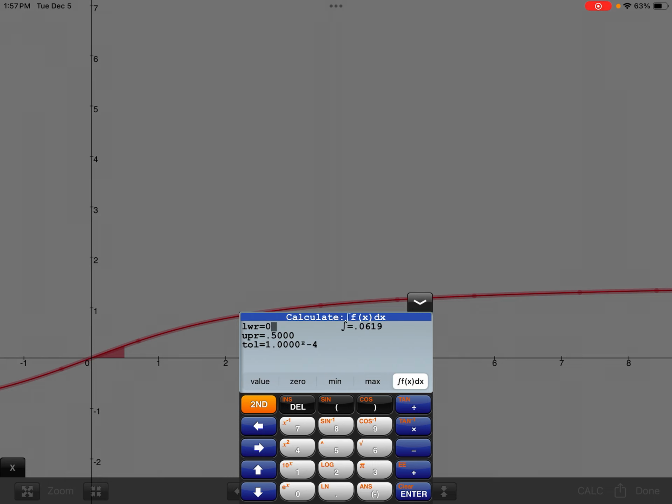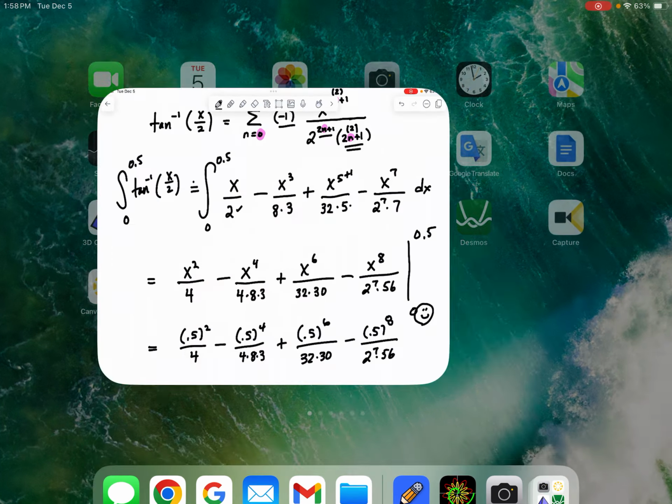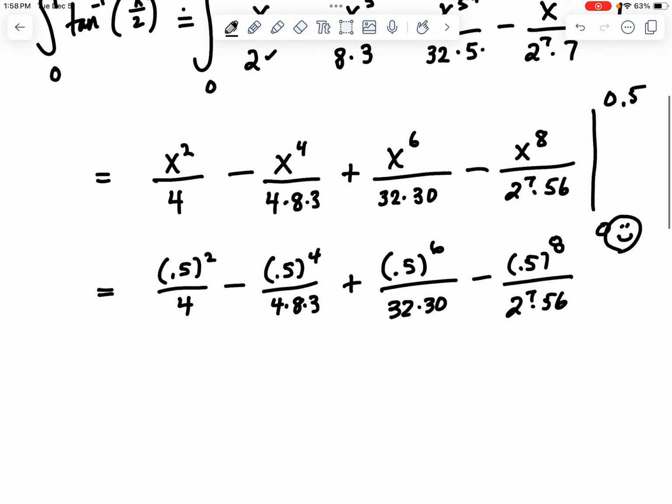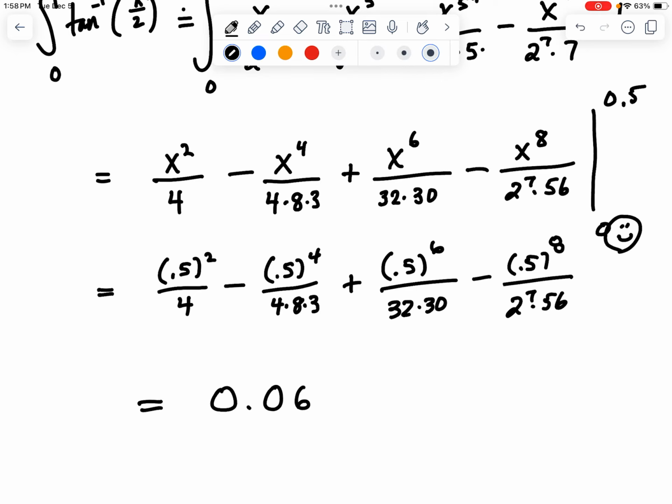Integrate from 0 to 0.5, and it says that the answer is 0.0619. So we got a pretty good estimate. So finally, we got 0.0619.